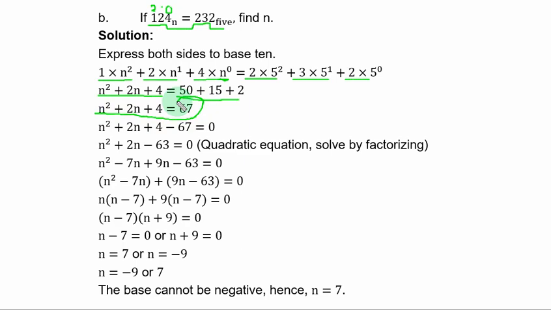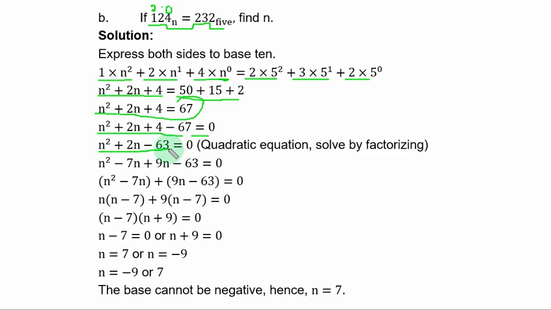It is proper that the right hand side should be 0 before you can solve using any of the methods. So you transfer 67 to the left hand side, and you have n squared plus 2n plus 4 minus 67 equal to 0, and you have this result.